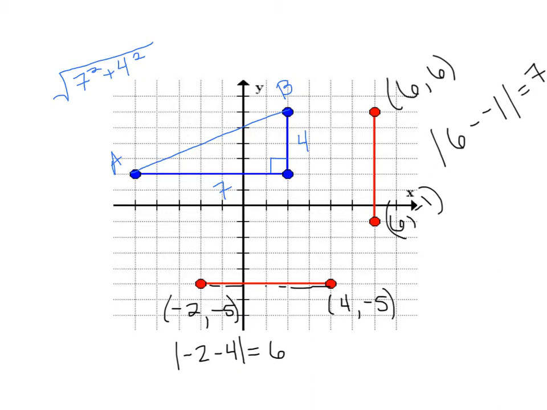What ends up happening is if we take a look at the coordinates, over here at A, it's (-5, 2). The coordinates here are (2, 2). And the coordinates at B are (2, 6). We can plug these into the distance formula to determine the length of this line segment.